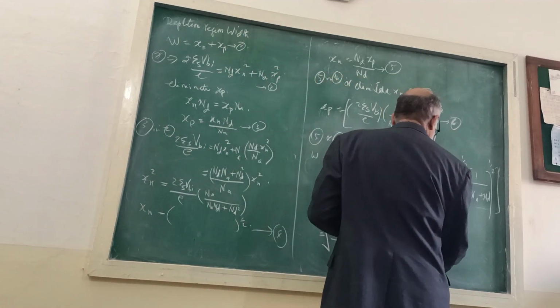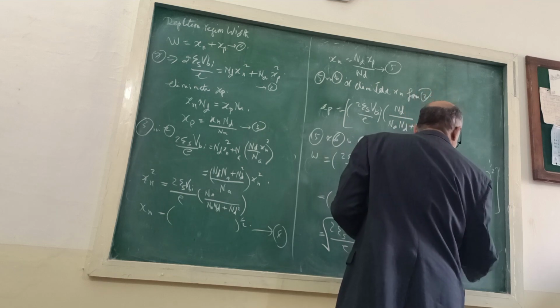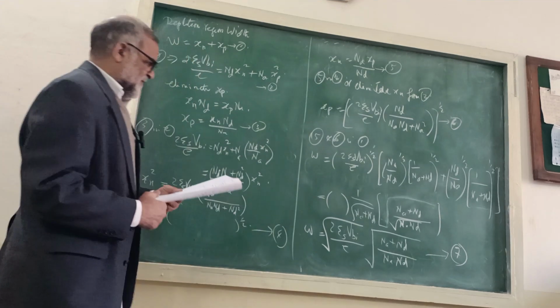That is equation number 7. That is the width of the depletion region.